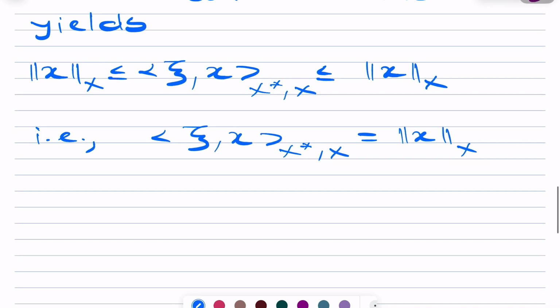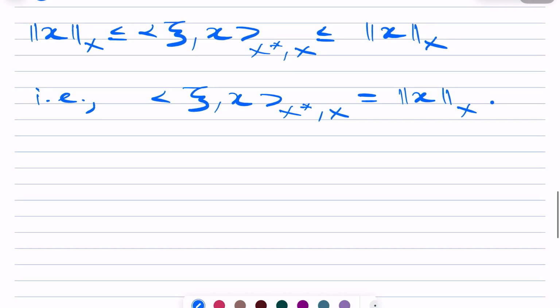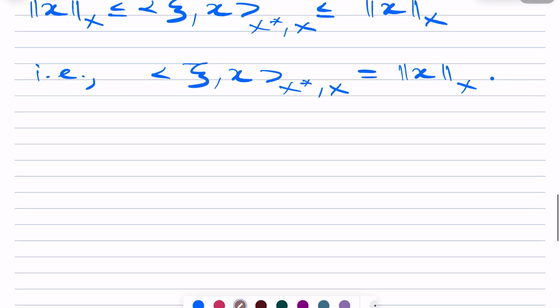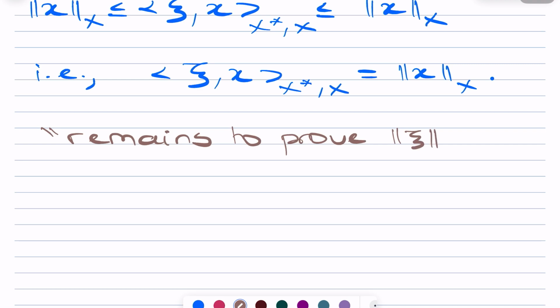Okay, so just to keep track of what we are doing: in order to conclude the first inclusion, it remains to prove that the operator norm of xi is equal to 1. The idea is the same.